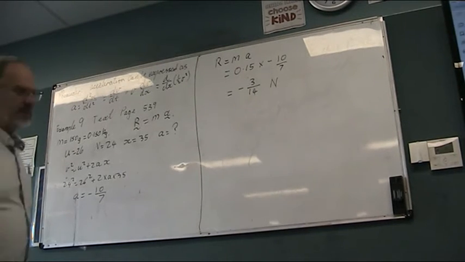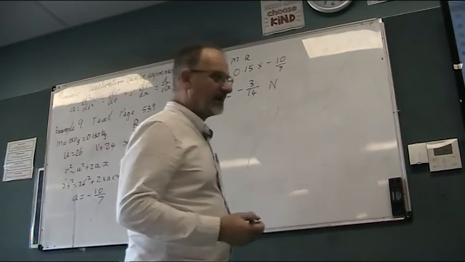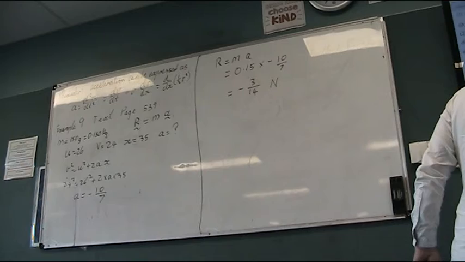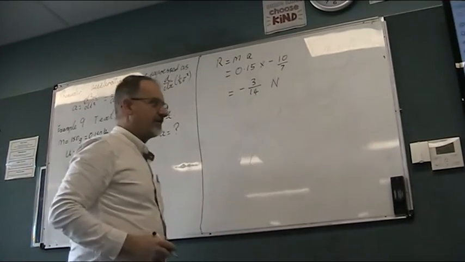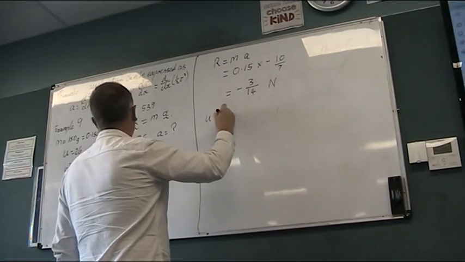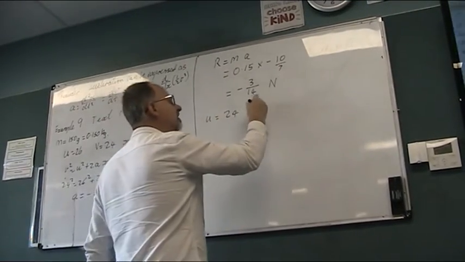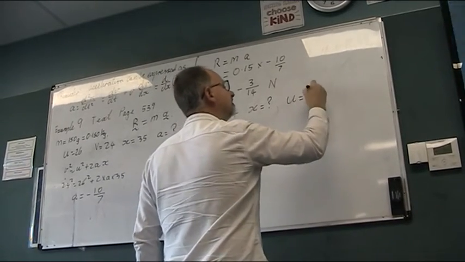Alright, so that's the first part. The second part says how much further could the puck travel? Key word there: further. From the point that it gets down to 24, how much further is it going to go before it stops?